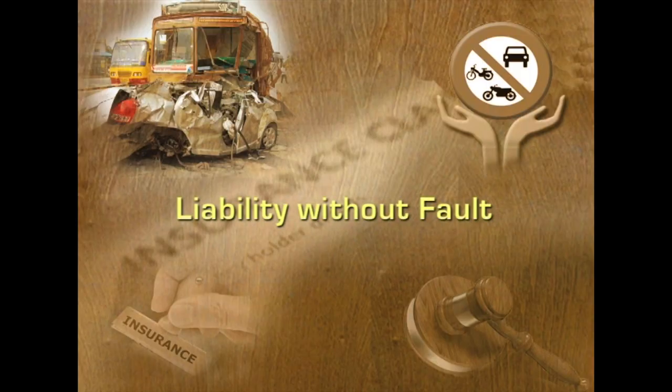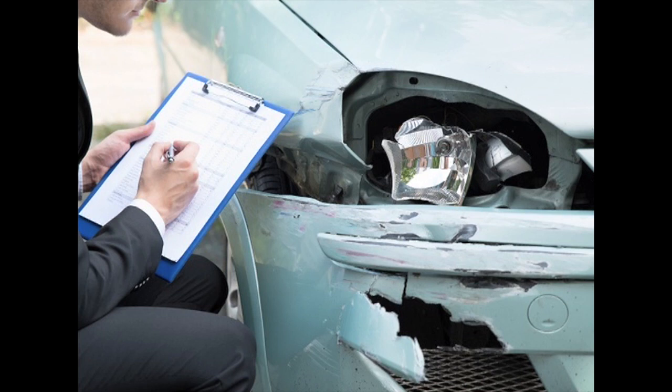Liability without fault. The concept of no fault liability is introduced in the Motor Vehicles Act 1988. It is certainly a deviation from the original ambit of the law. The claimant is required to prove the accident and the involvement of the vehicle in the accident.